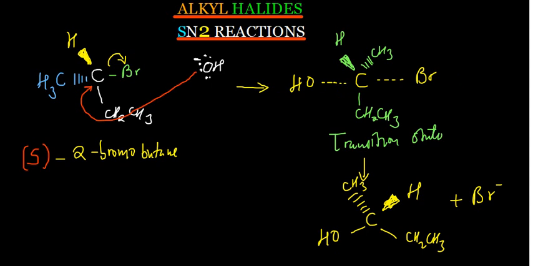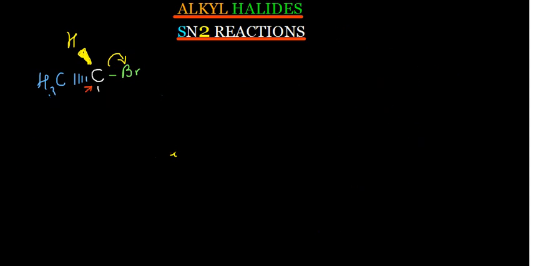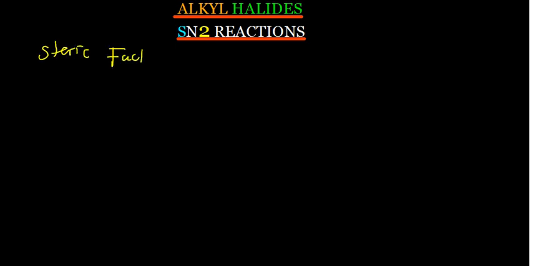Now the rate of the reaction is going to be affected by a lot of things. One of the things that affects the rate of an SN2 reaction is called the steric factor. Okay, so let's consider what the steric factor is and how it affects the rate of an SN2 reaction.